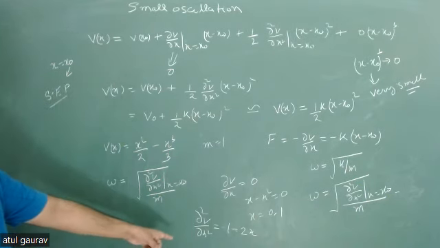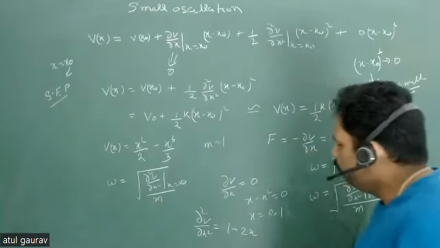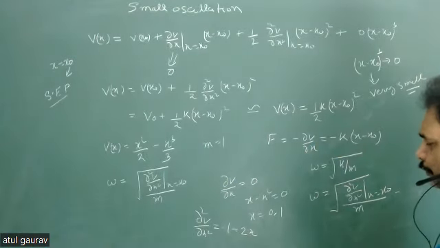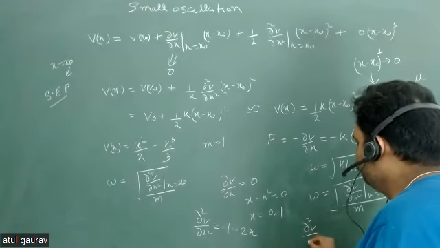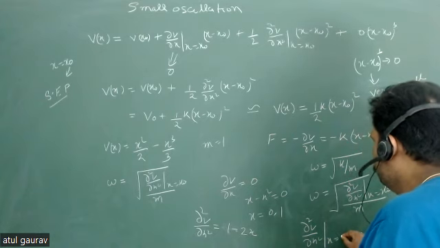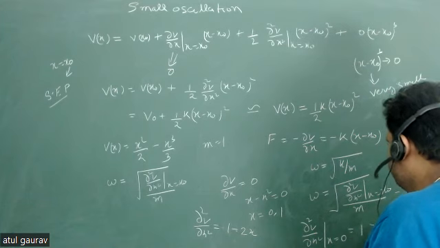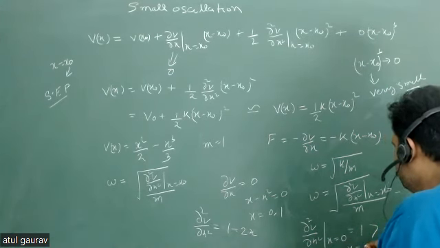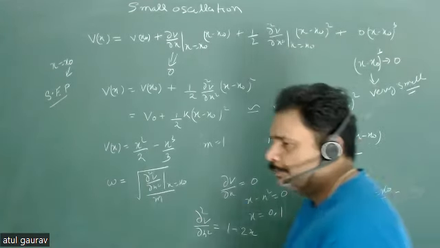So for x is equal to 0 and x is equal to 1, which one is the stable equilibrium point? 0 or 1? 0. How do you know? You have to go for del square V upon del x square at x is equal to 0. You will get 1, which is greater than 0.